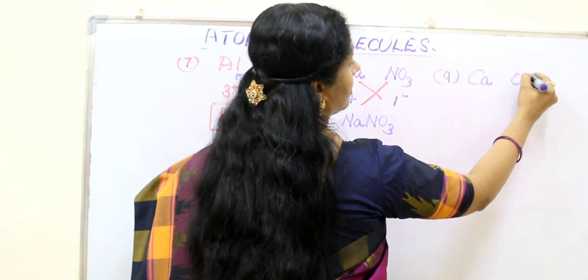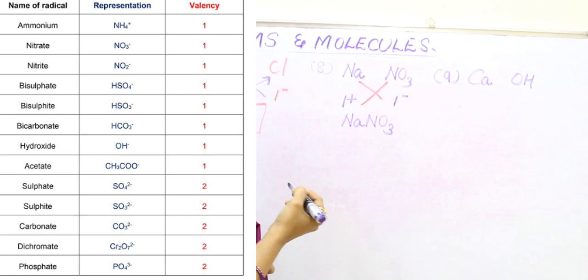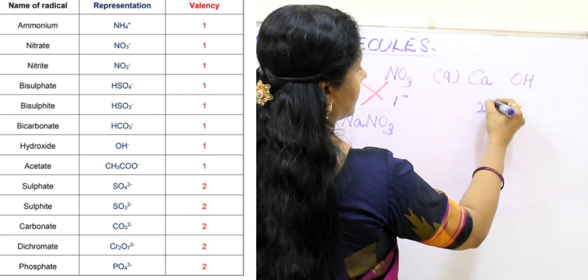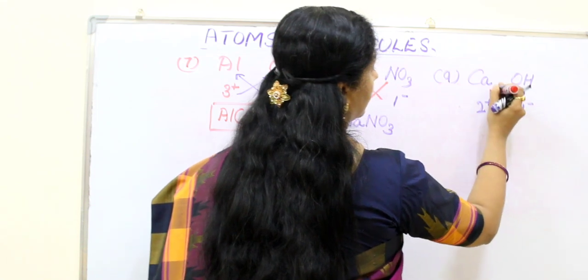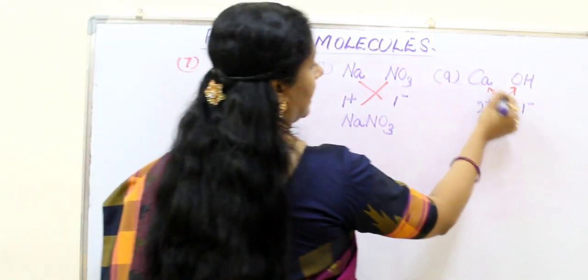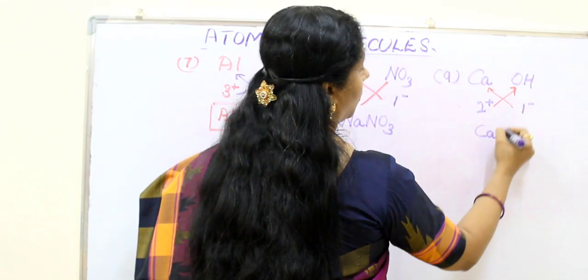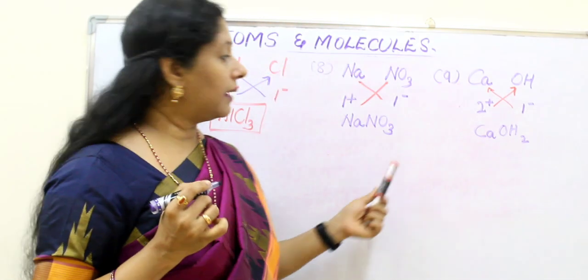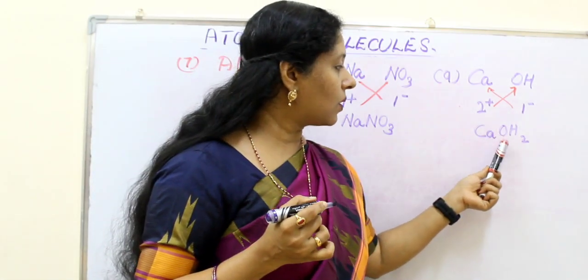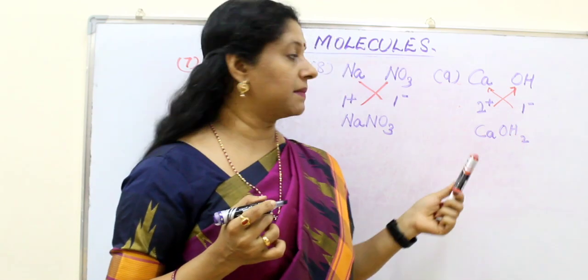Next we will write calcium hydroxide. Calcium hydroxide means OH. Calcium, what is the valency? 2 plus. OH valency is 1 minus. So when you do this crisscross, you will get calcium, then OH. Then if you write 2 here, then what happens?